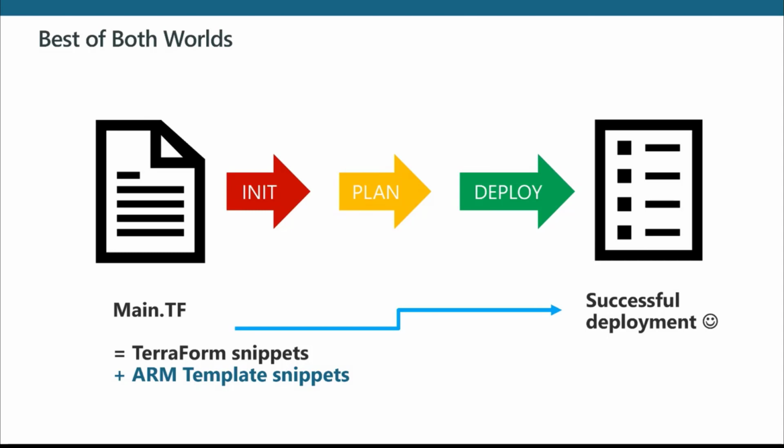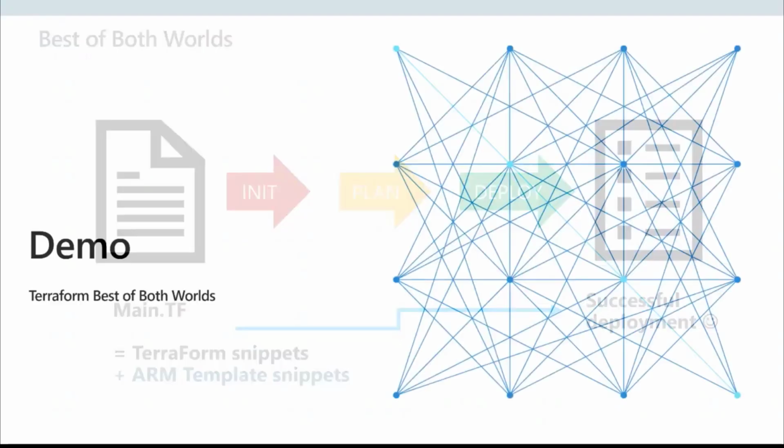And allowing you to come up with a scenario where the network team is creating the network.tf, the storage team is creating the storage.tf, the sysadmins are creating the virtual machine.tf, and so on, and then running all snippets during the same deployment.